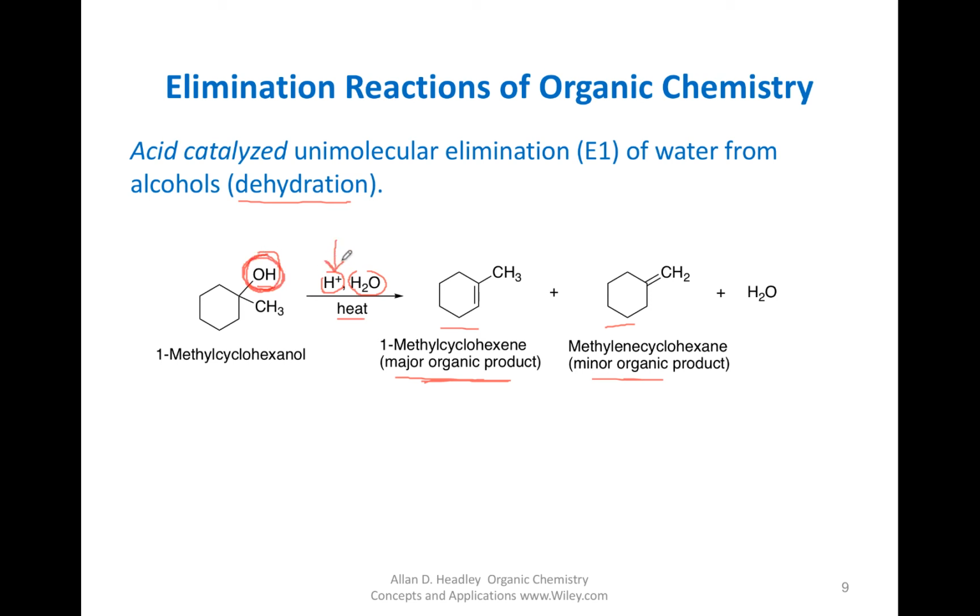In the presence of an acid, it becomes a good leaving group, as we'll see in the next slide. So that's why this reaction is called an acid catalyzed unimolecular E1 elimination, or dehydration. Let's look at the mechanism to see why we need all these reagents and to see how these products are formed.